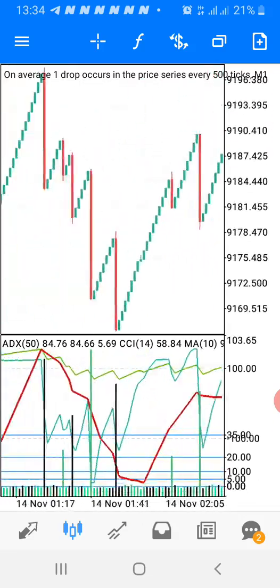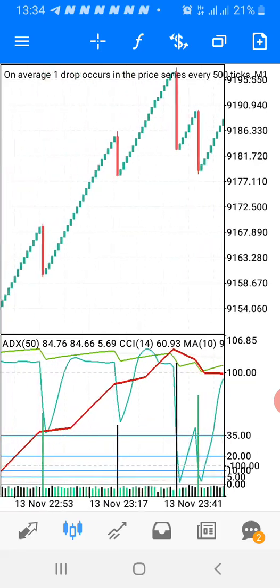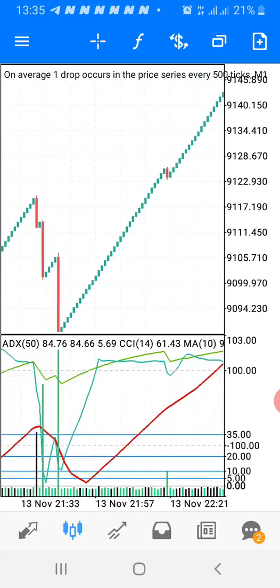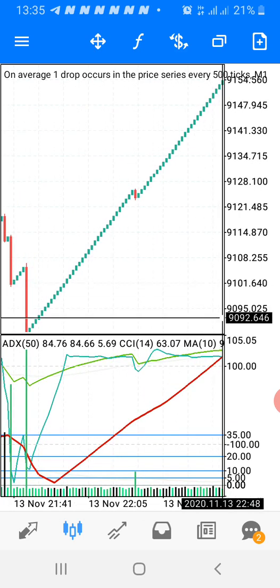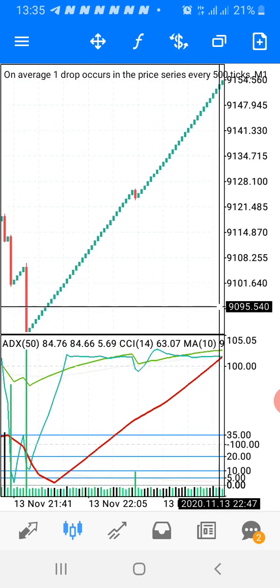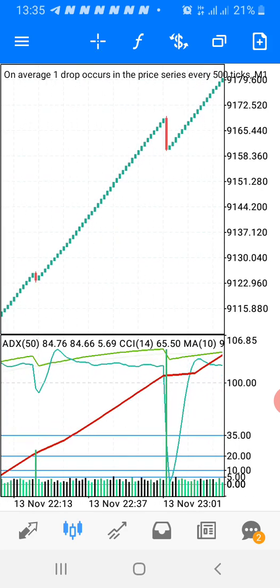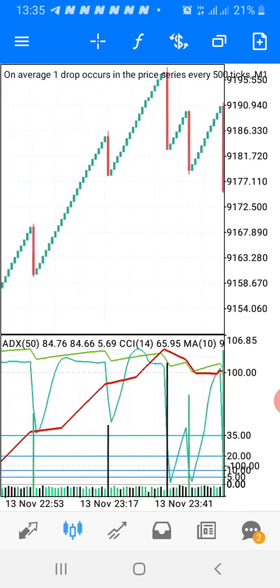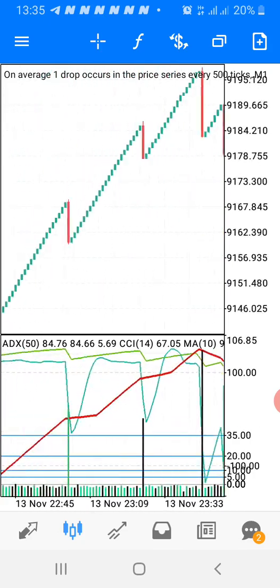I hope you understand that very well. You see what I'm saying? It crossed here, but it didn't sell. It crossed here, but it didn't sell, until finally here, which is when I place it here.